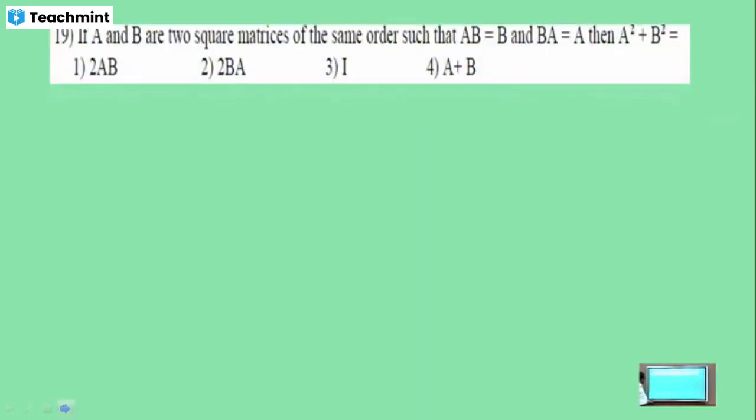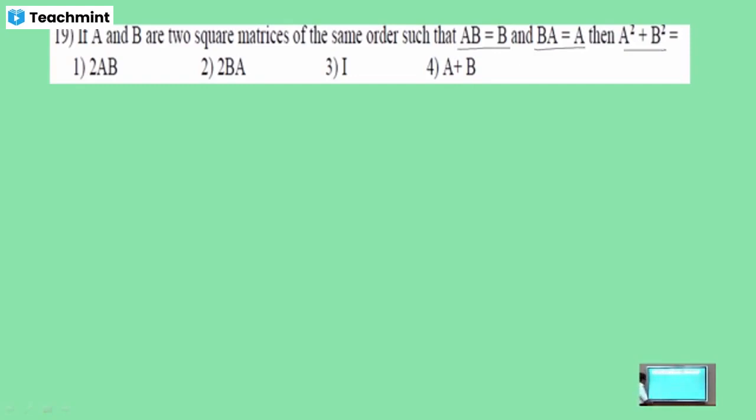Next. Same property. A and B are two matrices of same order such that AB equal to B, BA equal to A. We have to look at this: AB is B, and BA is A. Then what is the value of A square plus B square?